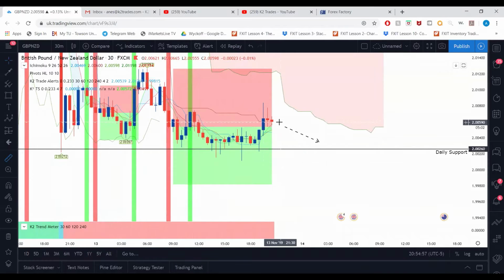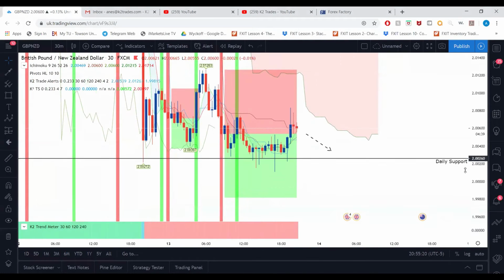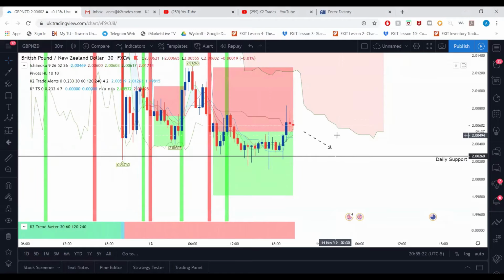But you see the problem with this: it's 66 pips drawdown from the current level, and you're targeting 77. So it's almost one for one risk reward. It's really up to your decision if you would like to do that.